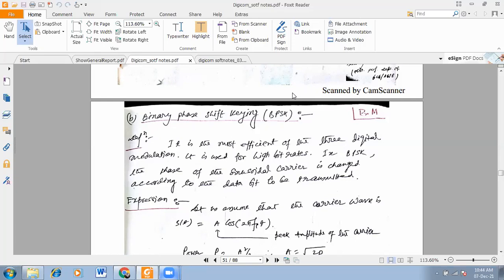Now here we use the technique of phase shifting, so the phase changes.